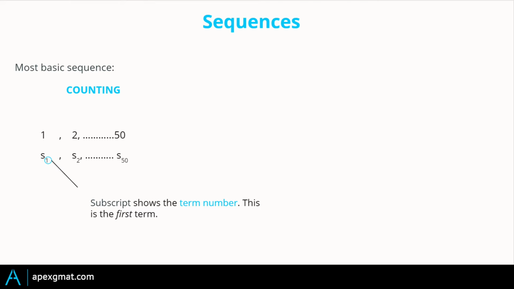So going back to our counting example, S sub 1, the first term in the sequence, equals 1, S sub 2 equals 2, S sub 3 equals 3. If we were doing the even numbers starting at 2, S sub 1 equals 2, S sub 2 equals 4, S sub 3 equals 6, S sub 10 equals 20. So don't get freaked out by the notation just because it looks like it comes out of some very crazy math book.